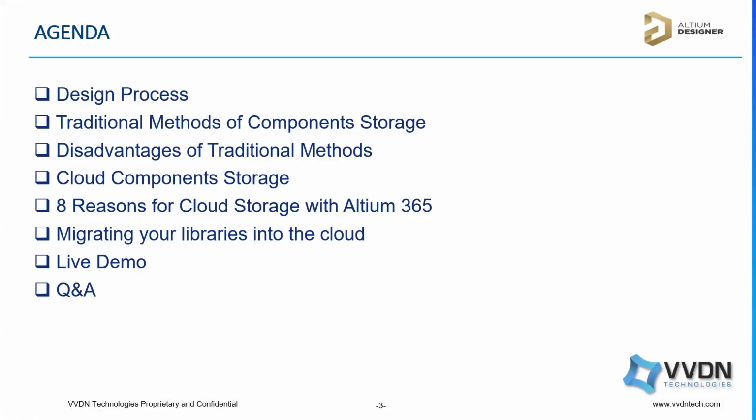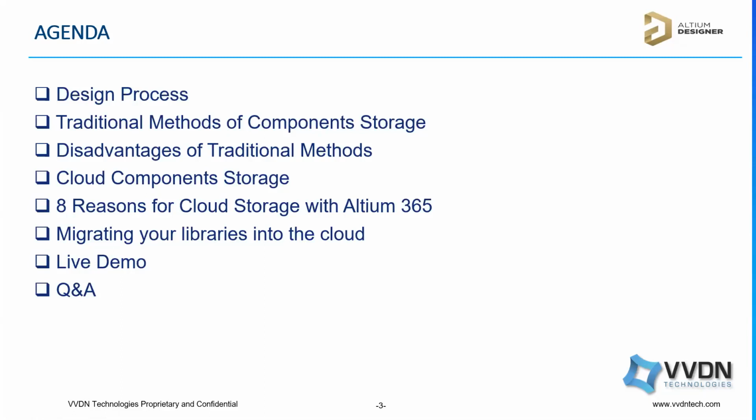Today, I'll be talking about the major reasons to host your components in Altium 365 cloud storage. We are going to start with the placement and design process. Then we will move on to discuss traditional methods of component storage. Then we'll talk about some of the major disadvantages of the traditional methods to store your components.